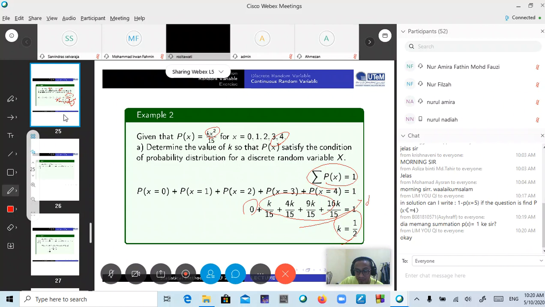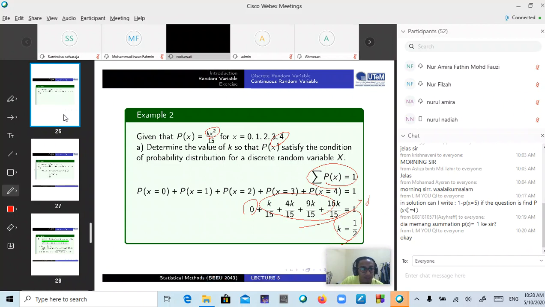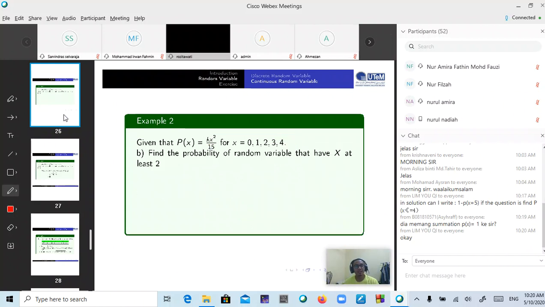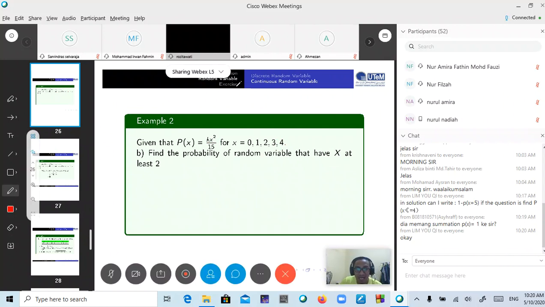This one for the previous question. Given that probability of this one, so you want to find random variable that have x at least 2. So you already given the value of k, you already find the value of k which is 1 over 2. So you nak cari at least 2.